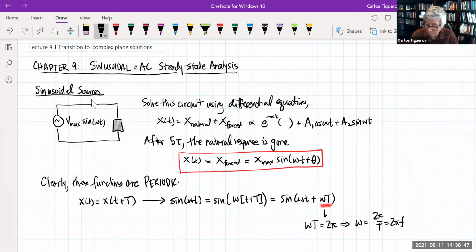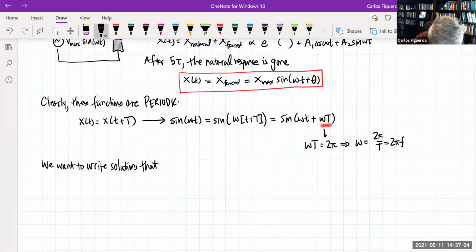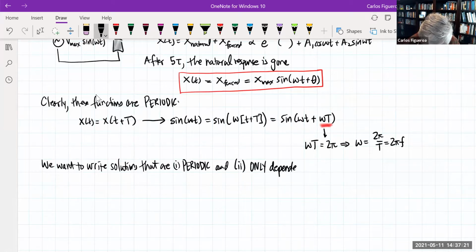So what we want to do here is write solutions that are, of course, 1, periodic, and 2, only depend on the amplitude and the phase.